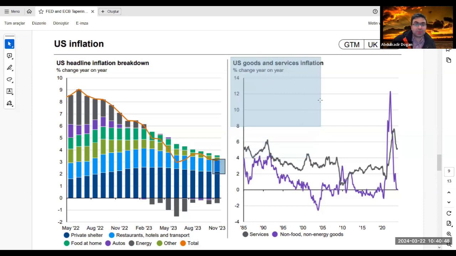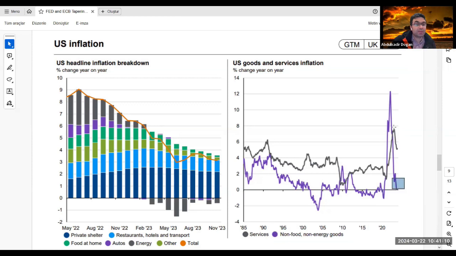And here, as you see, we have US goods and services inflation. Services, as you see here, is the black line, and this purple one is non-food and non-energy goods. So here, as you see, goods inflation is almost zero.